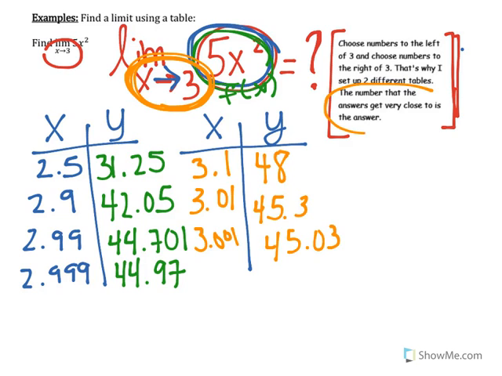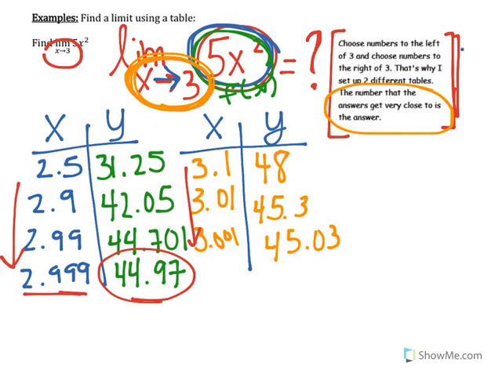If you look at my note on the right, the number that the answers get very close to is the answer. So let's look, the closer and closer we get to 3, so 2.99, we're at 44.97. The closer and closer we get to 3, 3.001 is pretty close to 3, we get 45.03.